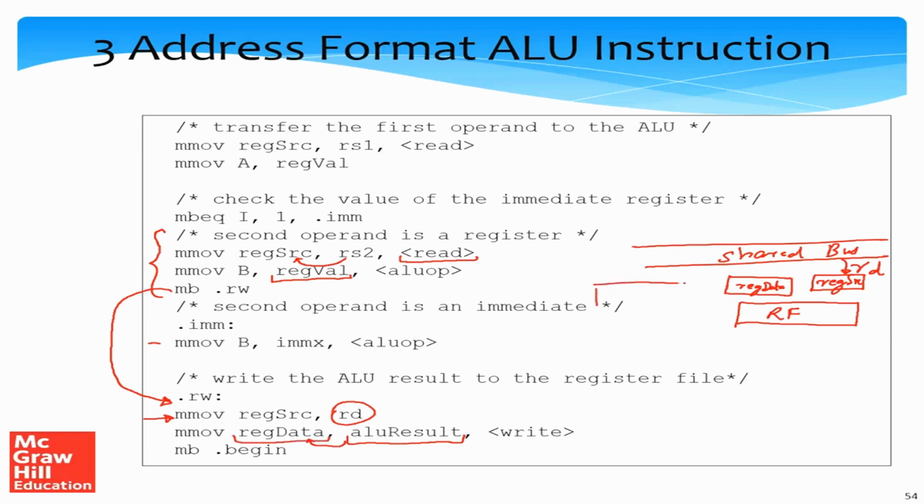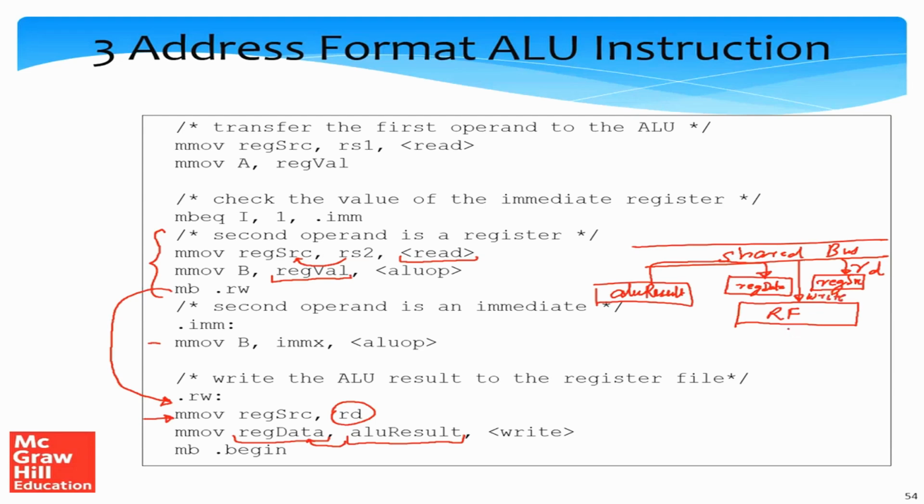So ALU result, which has the result of the last ALU operation, its data is transferred to reg data because this is what needs to be written. And since the ID is already there, we can simultaneously send a write signal via the args argument to write to the register file.